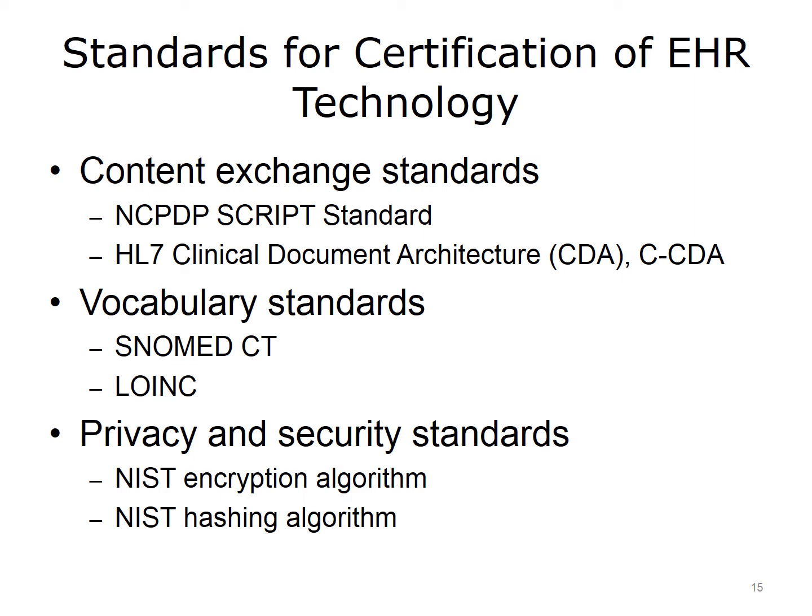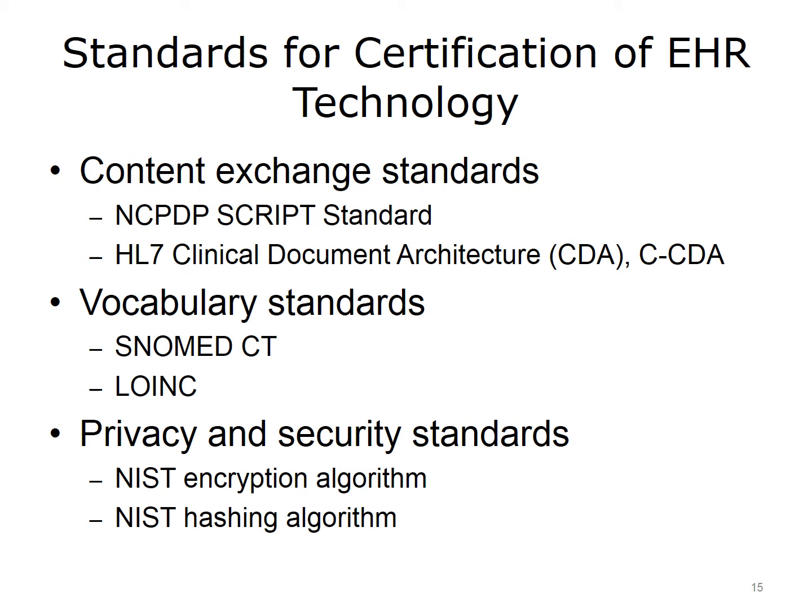Vocabulary standards for representing electronic health information. Two examples of vocabulary standards are the Systematized Nomenclature of Medicine Clinical Terms and Logical Observation Identifiers Names and Codes. Standards for health information technology to protect electronic health information created, maintained, and exchanged.